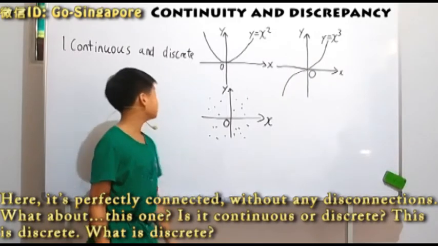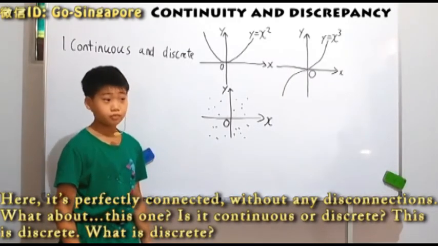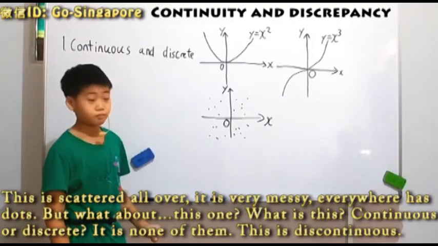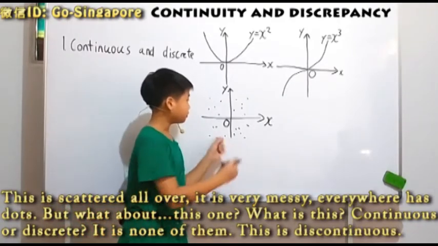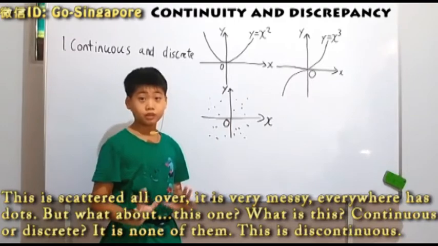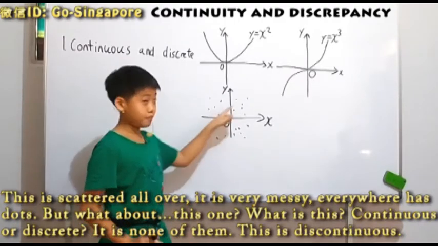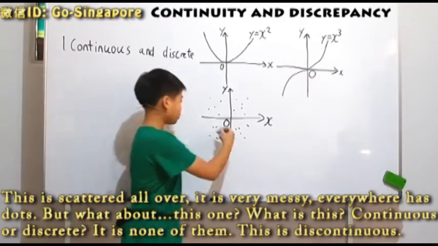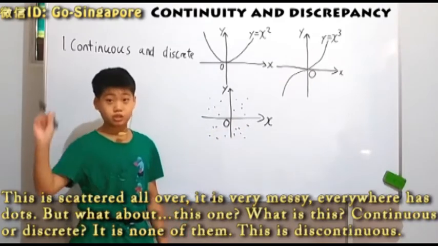This is discrete. What is discrete? They are scattered all over. It's like very messy. Everywhere has dots.